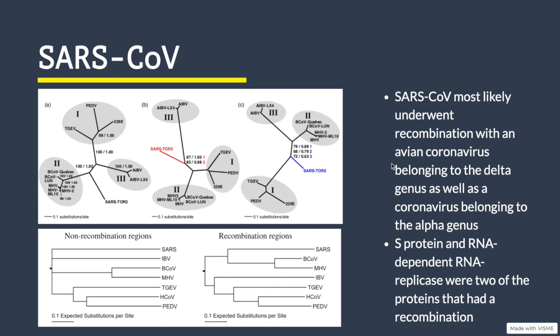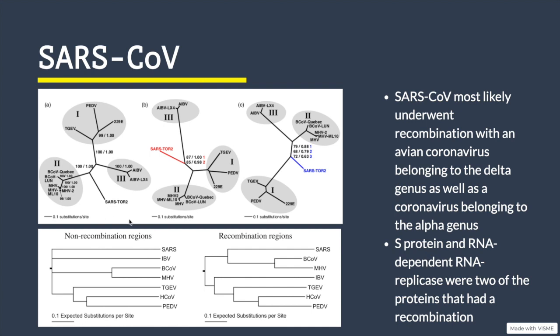So in one of the papers that I read, what they did was they took DNA segments and aligned them using a recombination detection program called Plato. And this program detected any segments that had possible recombination. So what they did was they made a phylogeny of all of the DNA segments as well as of two different segments. And here you can see their results in this image.